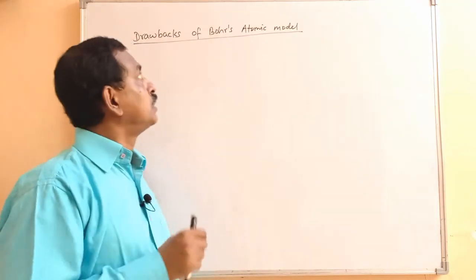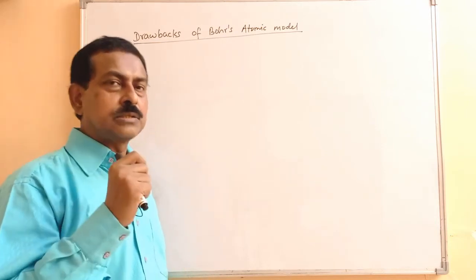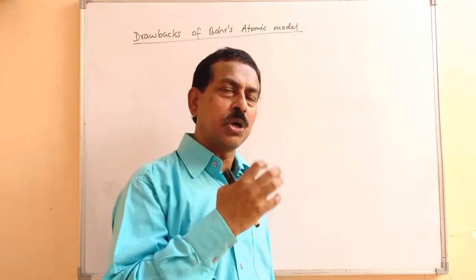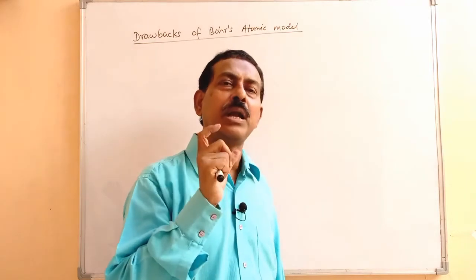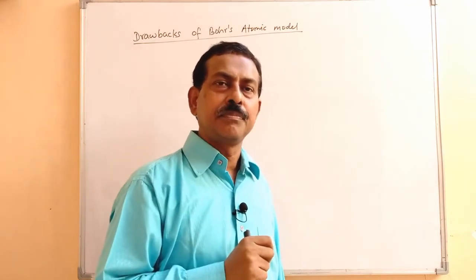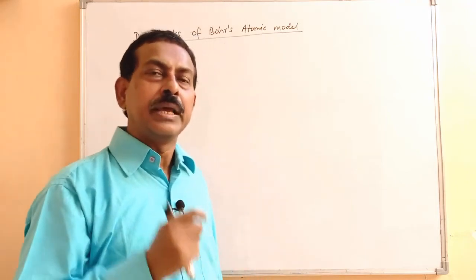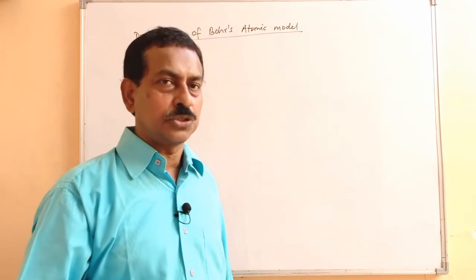Let's now take the drawbacks of Bohr's atomic model. The first drawback was that Bohr's theory is applicable only for simple hydrogenous atoms. It fails in the case of complex atoms or multi-electron systems.